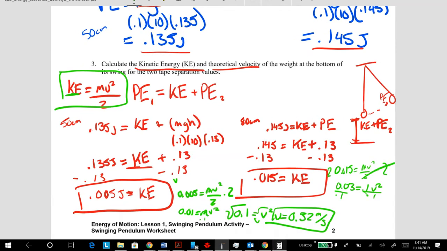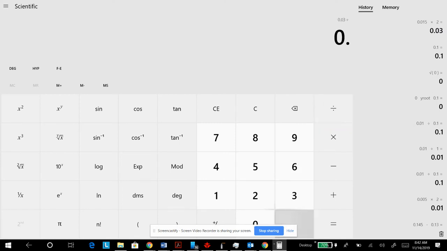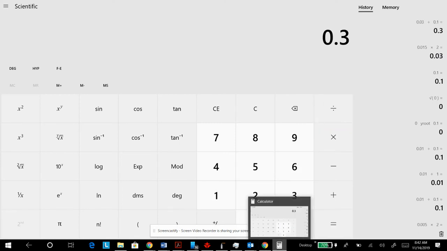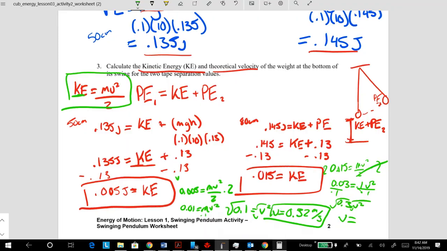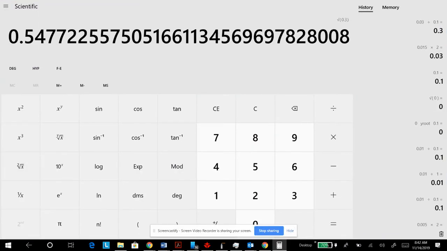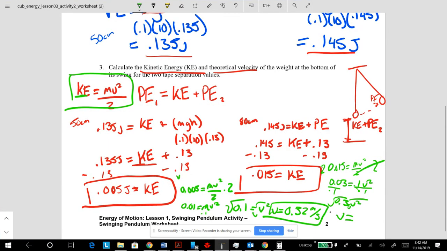So 0.03 divided by 0.1 is 0.3. So 0.3 equals v squared. I now have to square root both sides, so v should equal 0.55. Going back to my answer, my theoretical velocity should be 0.55 meters per second.